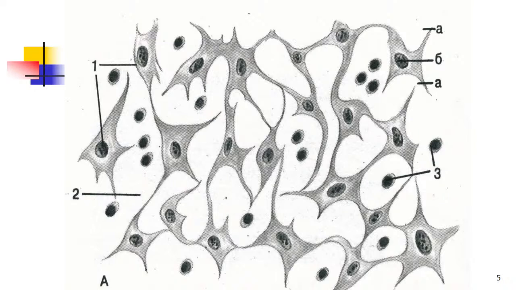What are the differences from mesenchyme? In reticular connective tissue, except for cells, we also see fibers. In this picture they are not visible, but when you investigate the original slide, you will find them. What are the functions of reticular connective tissue?